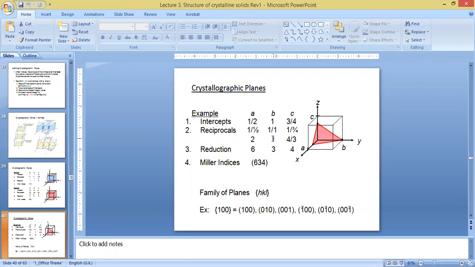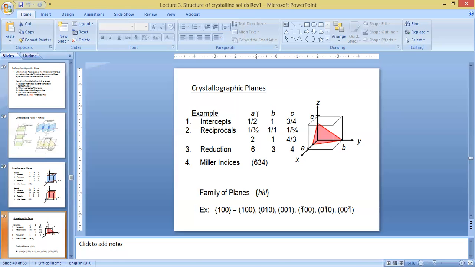Then from here, you need to find a value that will help you rid of this fraction, 4 over 3. So what value are we going to use to multiply all these by to help us get rid of this fraction? Anyone? Tell us what number we multiply here.